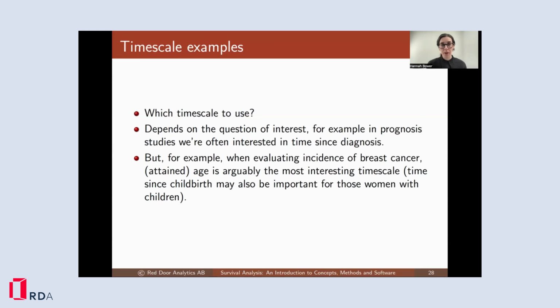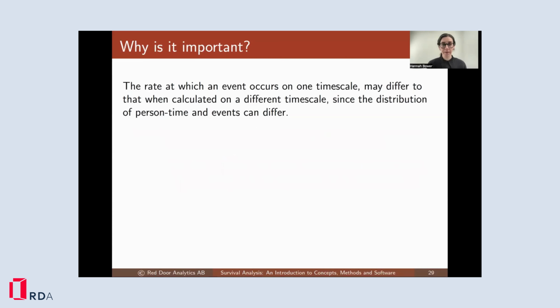So for this example, you can see that there may be two timescales that are of interest. But why is it important to think about the timescale and which to choose? Well, the rate at which an event occurs on one timescale may be different to that when calculated on a different timescale. And this is because the distribution of the person times and events can differ across different timescales.